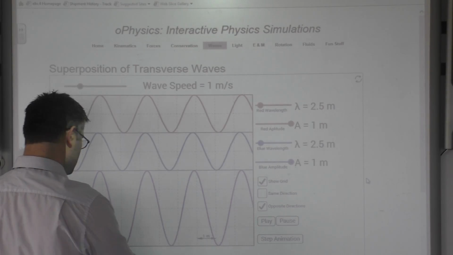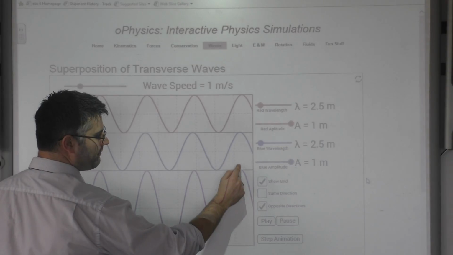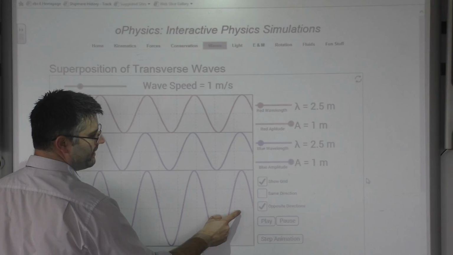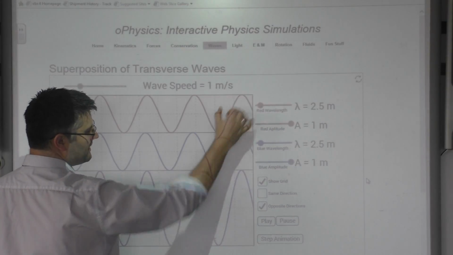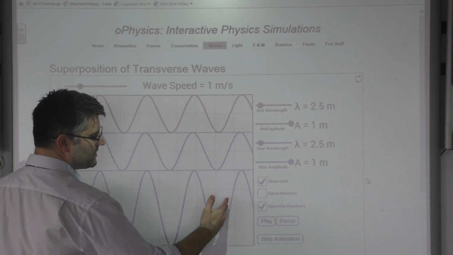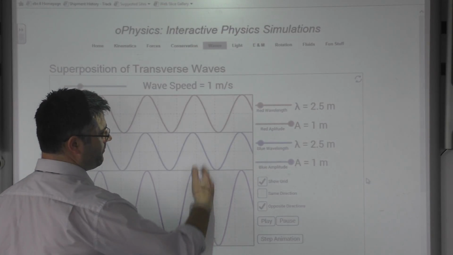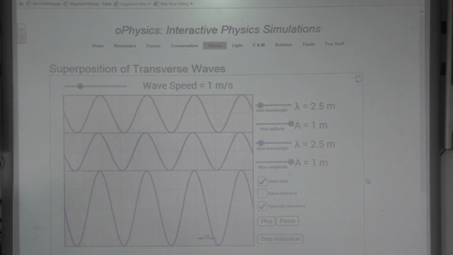You'll notice the amplitude is from the midline, so we have an amplitude of 1 here, an amplitude of 1 here, so that means we've got an amplitude of 2 when they interact in that position. Obviously the rest of the displacements follow in line when the waves are coherent in that way.